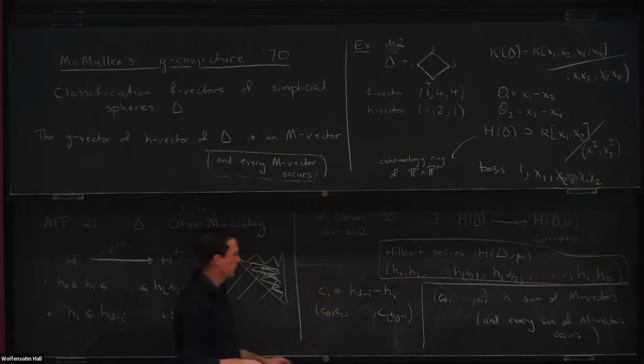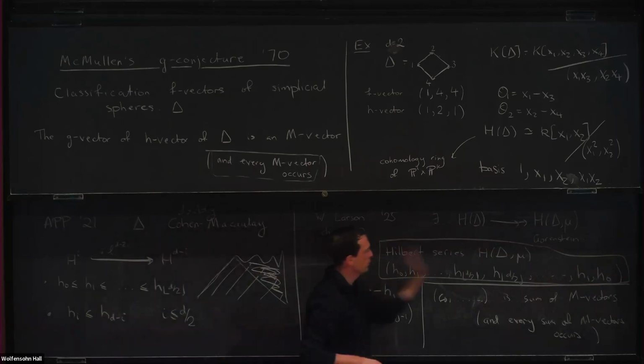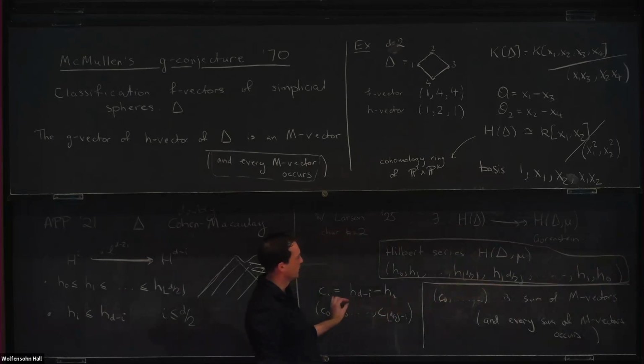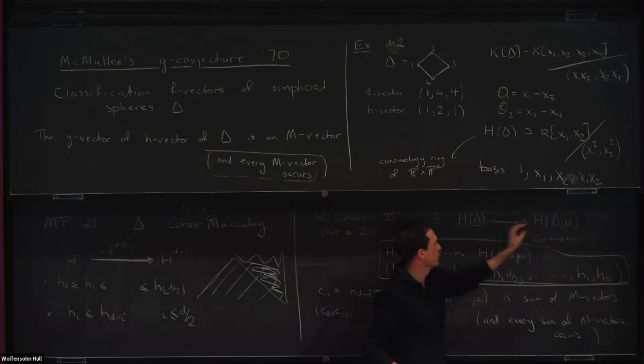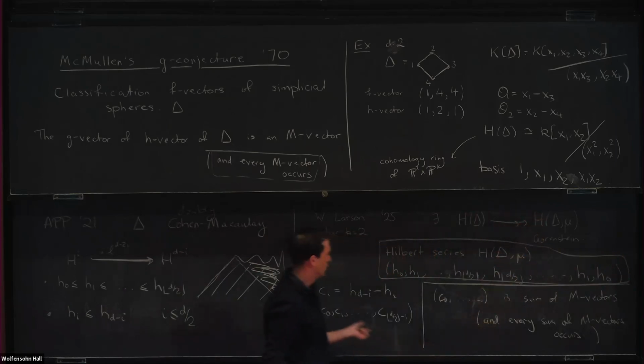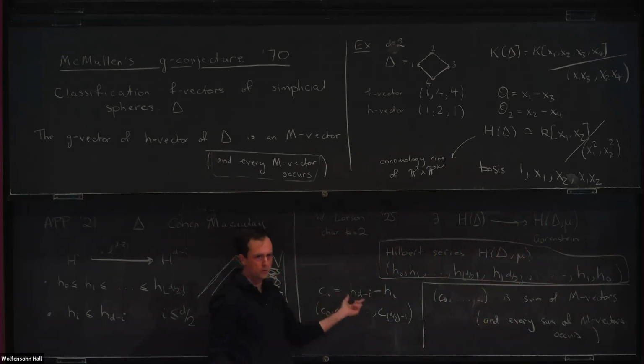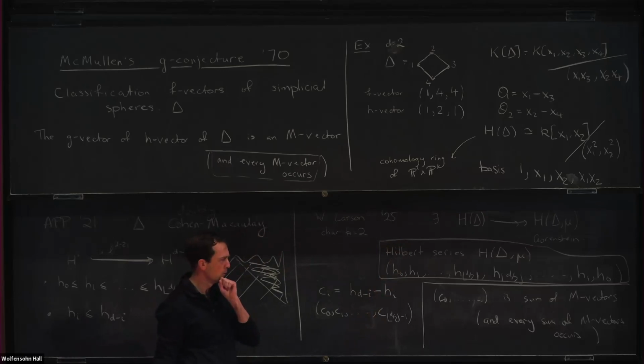So it's basically, if you kill this part, up to reversing the order, you're left with something whose dimensions are going to encode this number. Once you quotient by the kernel of this map, the dimensions will be these numbers. So then you can use the algebra to study those numbers.